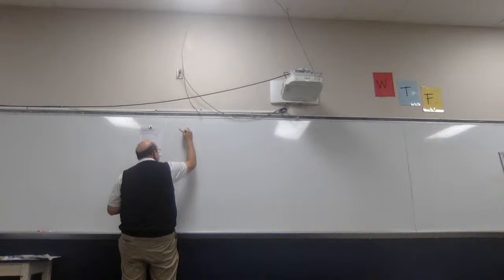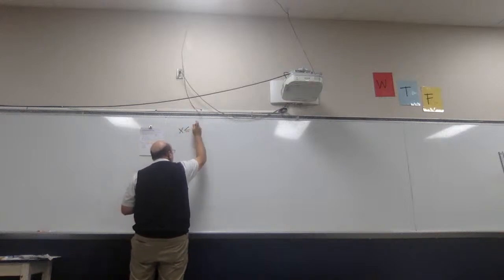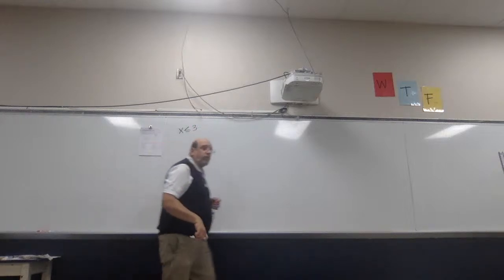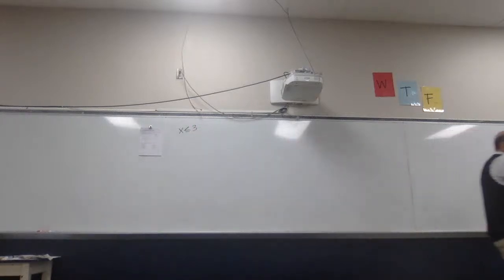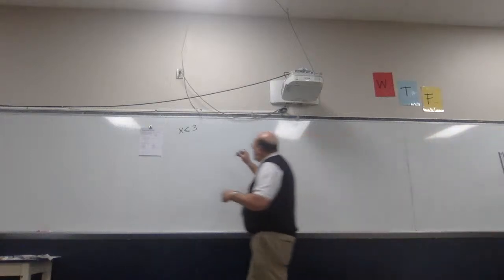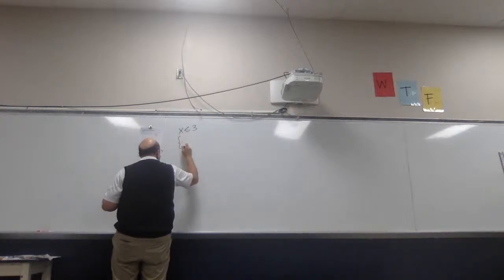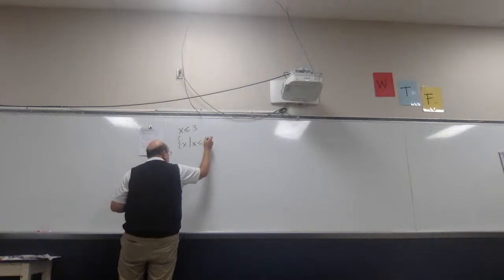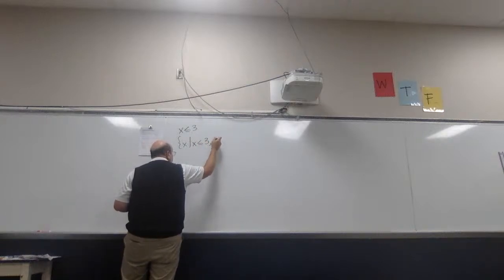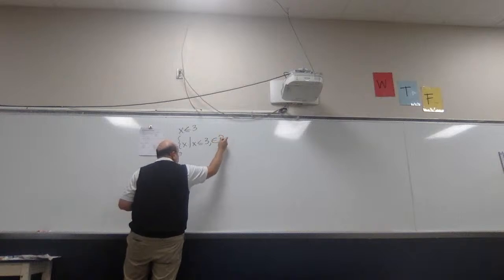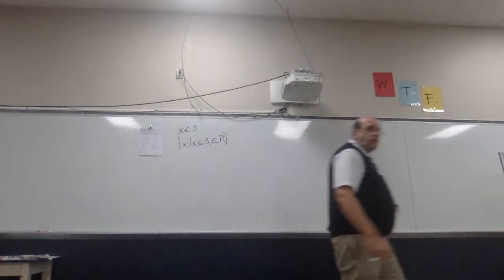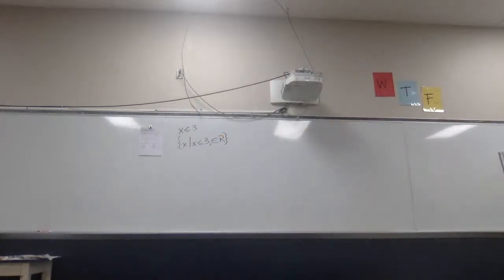Like we had in the previous exercise, I said x is greater than or equal to 3, we could write that in set builder notation, right? And so we would write this as all x such that x is less than or equal to 3, and it's an element of reals, right? Because we're talking about everything less than 3, right? So that's where we were.